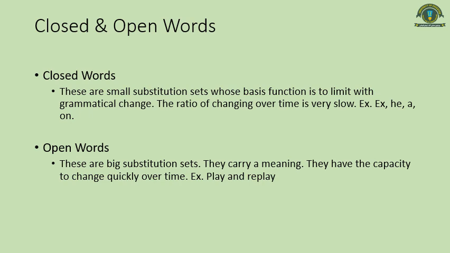They usually have grammatical functions, whose principal function is grammatical, while open set items are open, that's why they are called open, and they carry meaning, that is semantic, a separate linguistic level, and they change quickly over time. So this is the second way you can categorize the words in morphology.